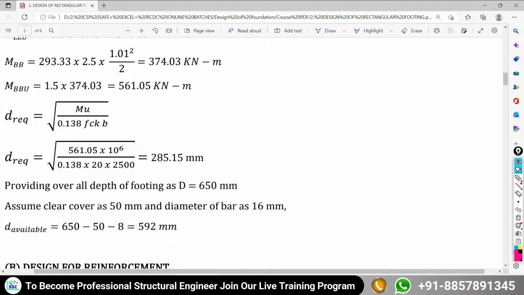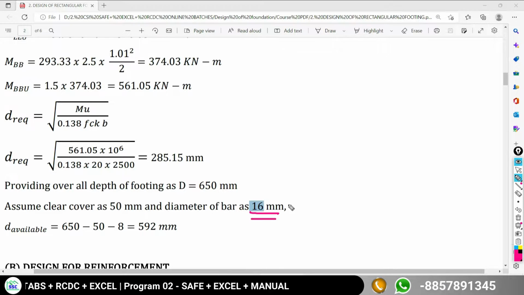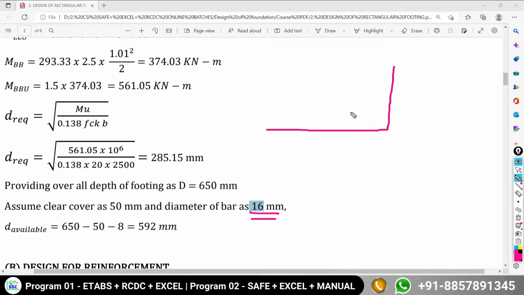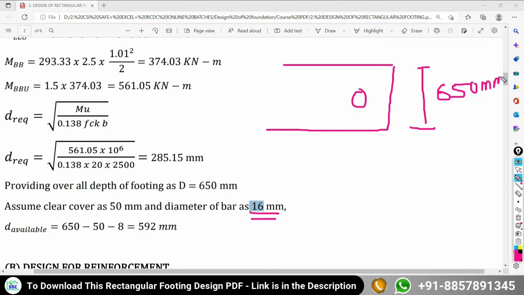So we are going to consider a clear cover of 50 mm and a diameter of bar of 16 mm. So how much will the effective depth finally become? The total depth we have considered is 650 mm. Now this is the 16 mm diameter of bar we are going to consider. I want to calculate the final provided effective depth of the footing as d.